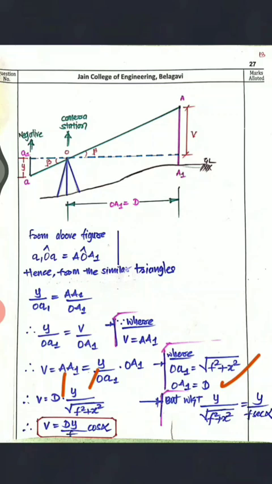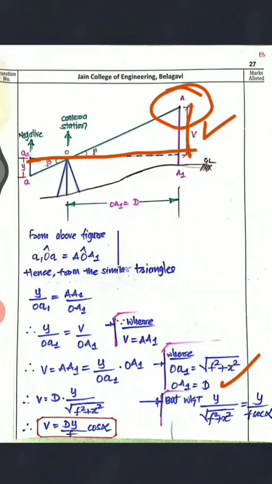This is your final formula for V. Now you are going to determine the height. How to determine the height of this object? As I said, if you know the instrument axis or camera axis, this camera axis plus V will give you the RL of this point, plus you have to add some corrections.